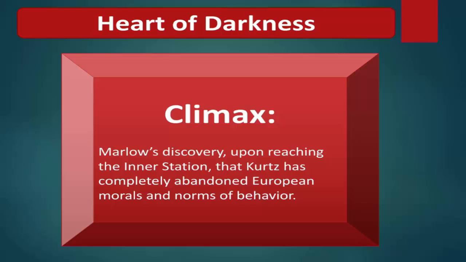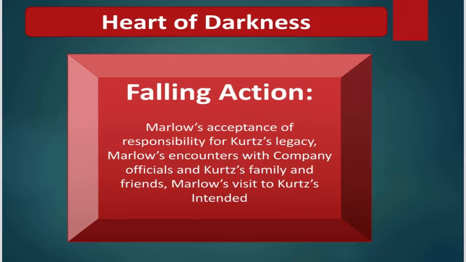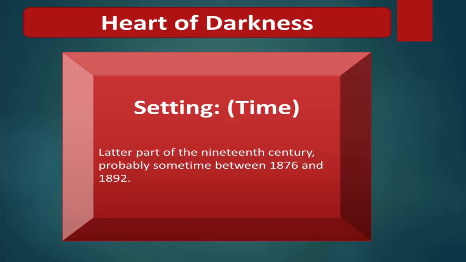So the climax of Heart of Darkness is Marlow's discovery upon reaching the inner station that Kurtz has completely abandoned European morals and norms of behavior. Falling action: Marlow's acceptance of responsibility for Kurtz's legacy, Marlow's encounters with company officials and Kurtz's family and friends, Marlow's visit to Kurtz's Intended. Setting by time: later part of the 19th century, probably sometime between 1876 and 1892.